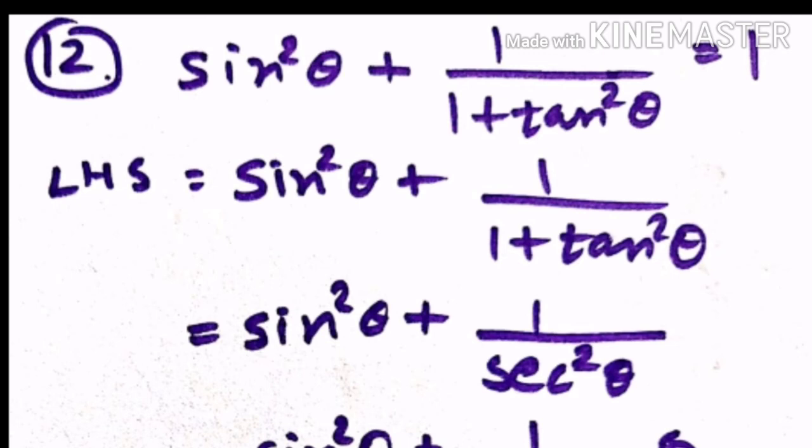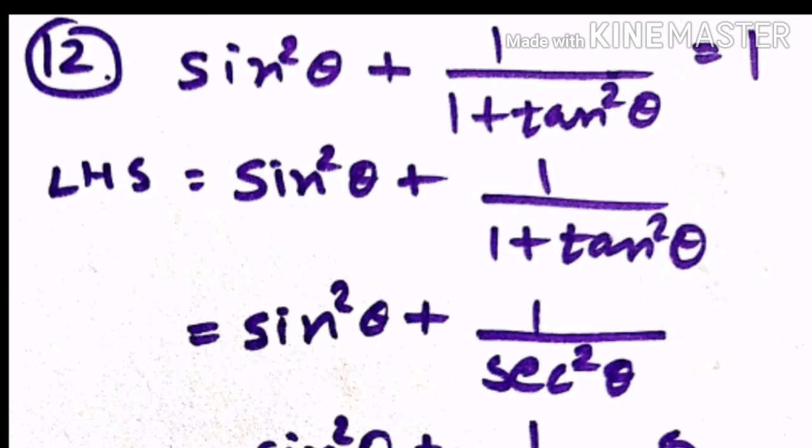Question number 12, left hand side is equal to sine square theta plus 1 upon 1 plus tan square theta. Now already we have studied some relations in which 1 plus tan square theta is sec square theta. So in the next step I am writing sine square theta plus 1 upon sec square theta.